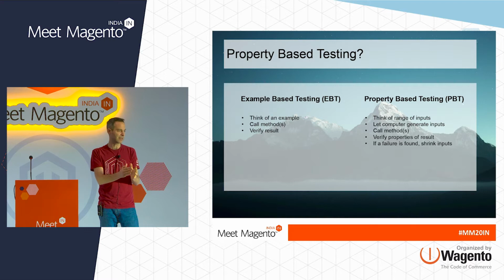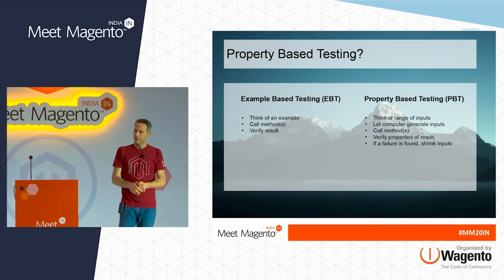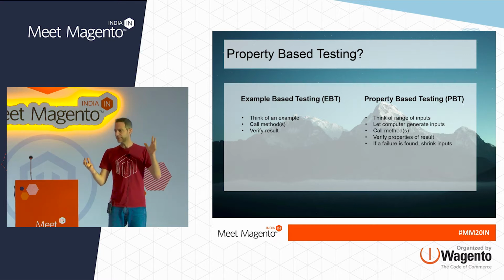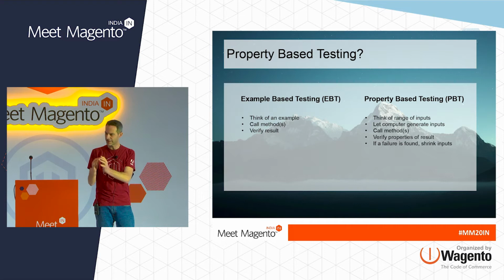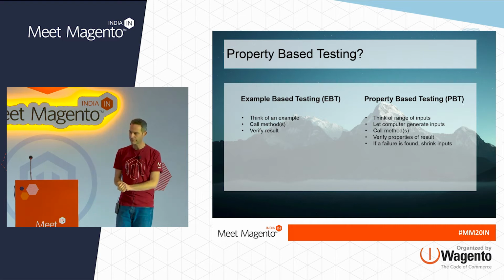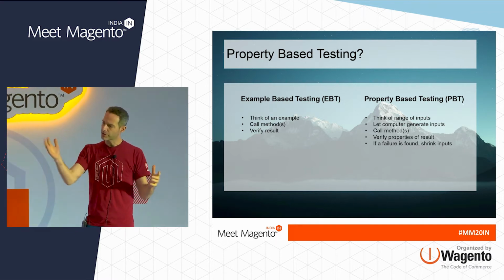Or maybe they can't be larger than a certain size? Or with numbers, is it ints? Is it decimals? Is it maybe only small integers? Or with objects, maybe it's just logged-in customers. I think about the possible range of inputs, not just one specific example. And then I let the computer generate all those example values that I want to test. Out of the whole range, I let the computer pick examples.